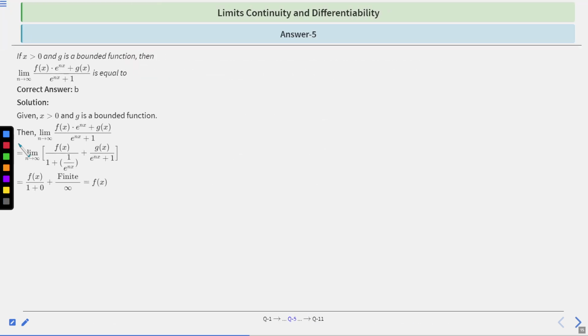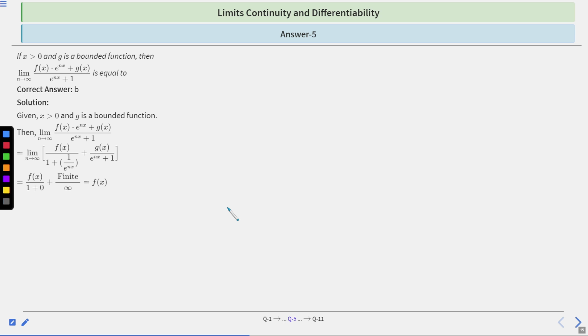See, it is given that x greater than 0 and g is a bounded function, right? Then limit n tending to infinity fx into e to the power nx plus gx upon e to the power nx plus 1. Clear?